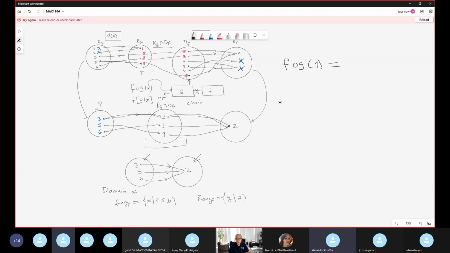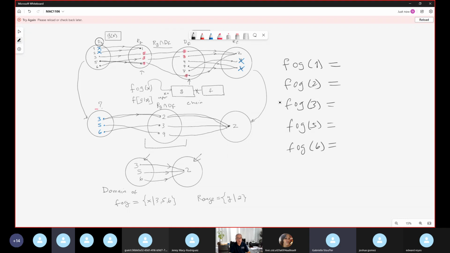Evaluating F composition G at 1, at 2, at 3, at 5, and at 6. So basically, I take the original elements in the domain of G, because I suppose they are the good candidates to be the domain of our composition function.